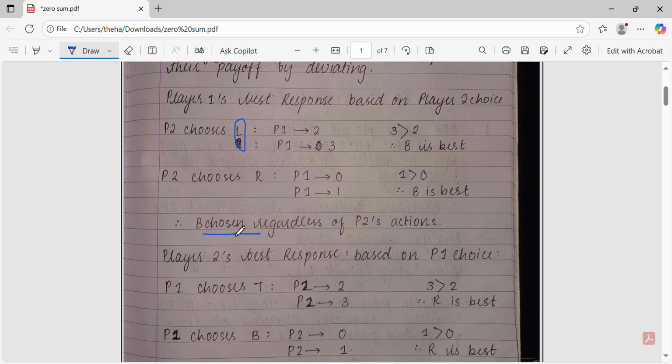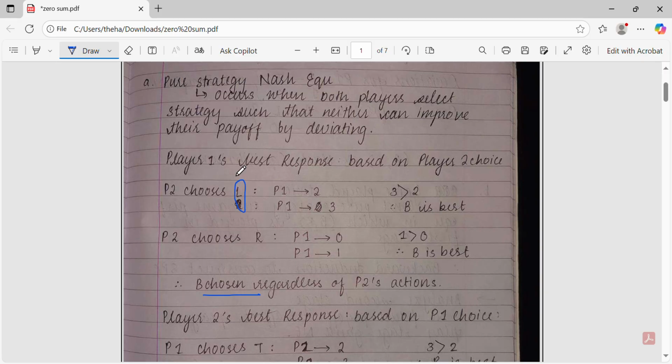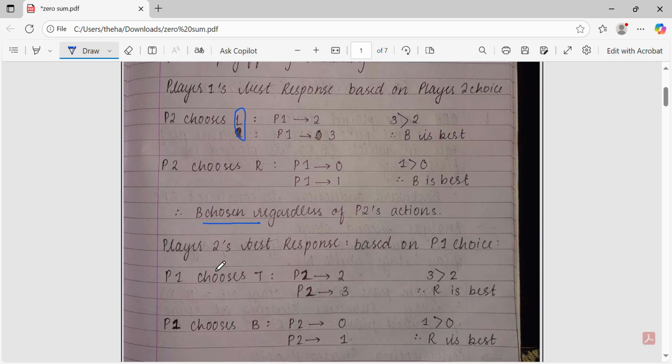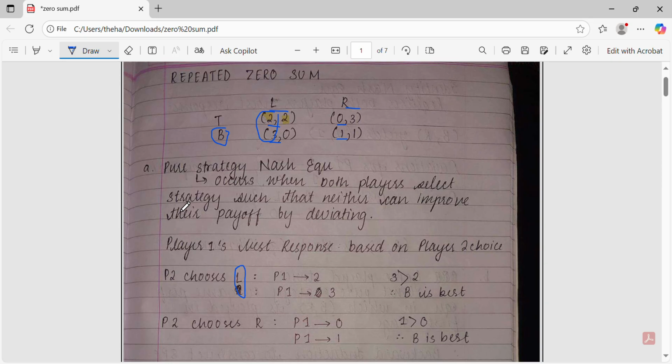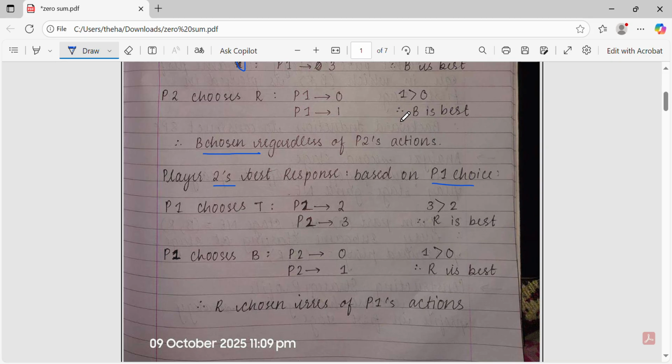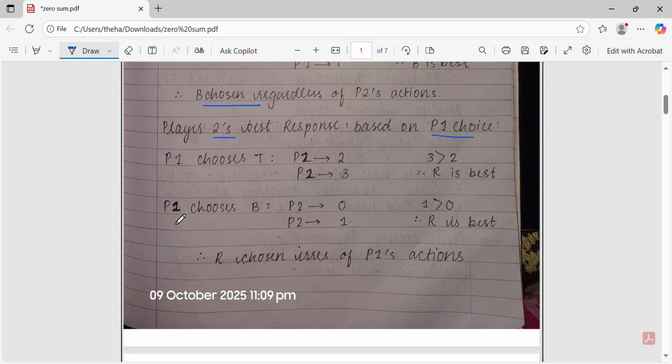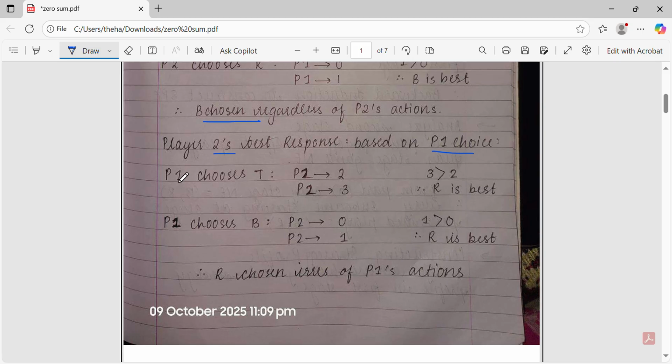Now when player 1 is done, we will analyze the best response for player 2. This will depend on the choice of player 1. So player 1 can choose T or B. Player 1 always goes vertical, player 2 always goes horizontal. So player 1 will choose T first.